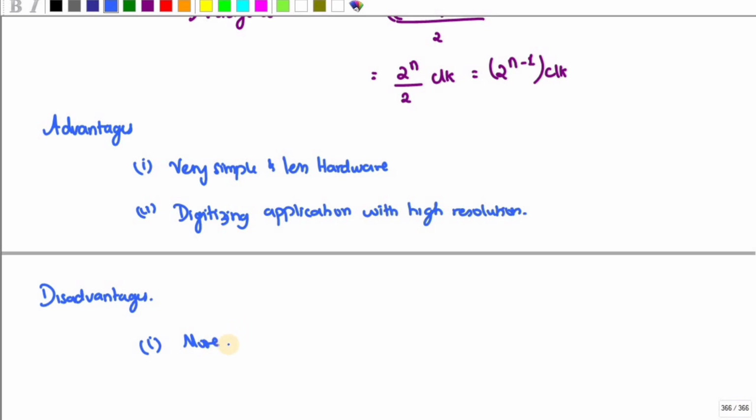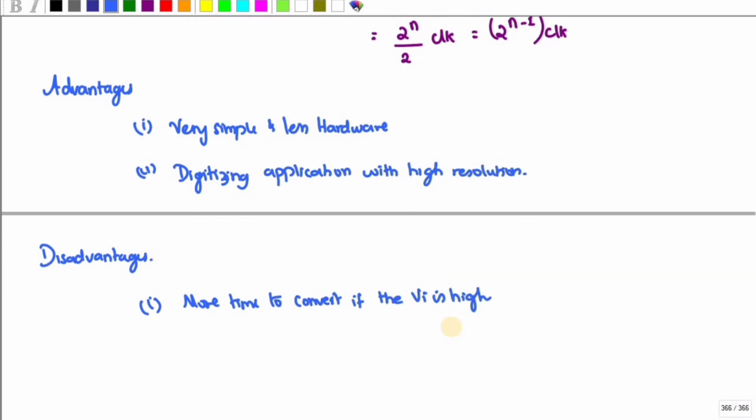If the amplitude of the analog input voltage is high, okay, if VA is high, because it starts to count from 0 to the full scale voltage, right? So the conversion time is very long, so that is a disadvantage.